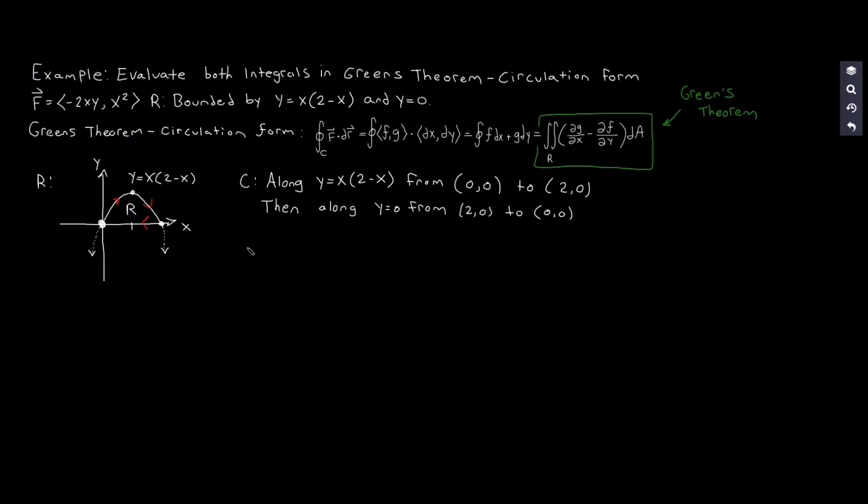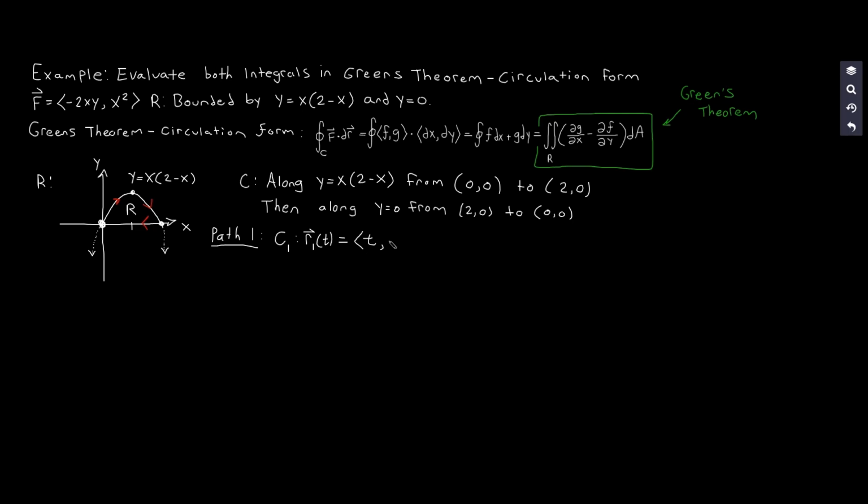So let's investigate the first path, path 1, and we can call it C sub 1. C sub 1 is going to be vector r sub 1 of t. In this case, my x component is just going to be t. And then for my y component, I'm going to change all of my x's to t's because I set x equal to t.